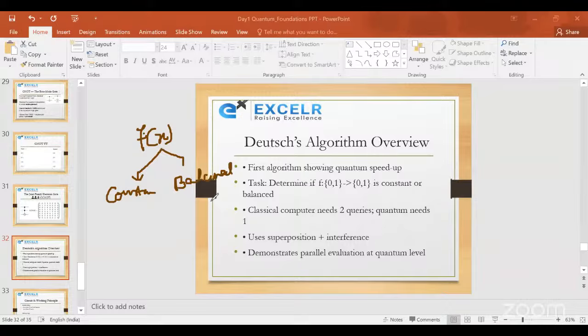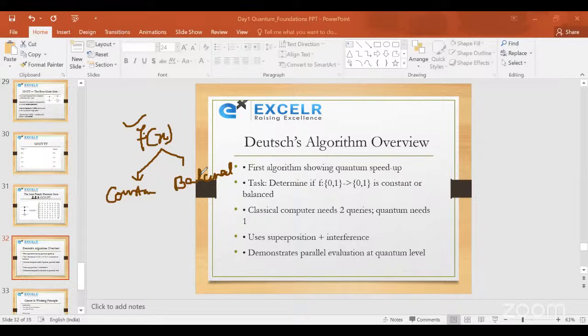There may be more classifications of functions, right? But Deutsch has taken this for the demo purpose: can we solve this problem, to check whether f(x) is a constant function or a balanced function. The students are not getting this constant and balanced function easily.